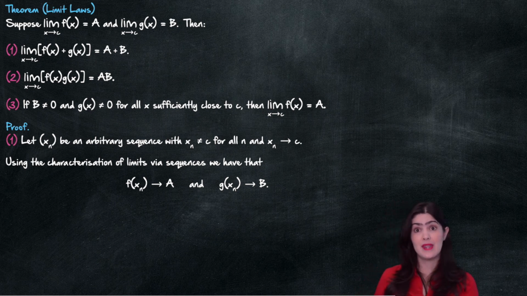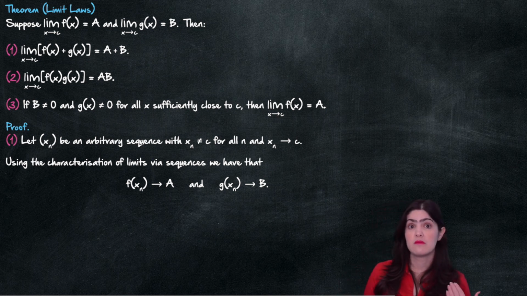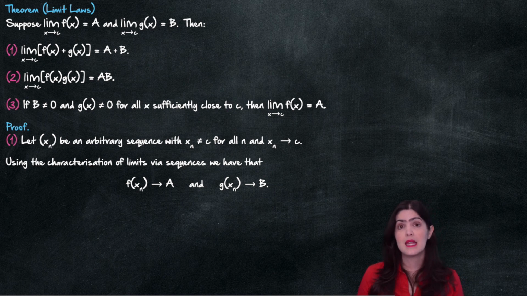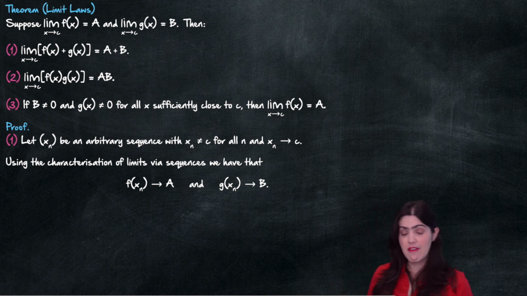Because remember, that is what that theorem told me, that if I know that the limit as x approaches c of f of x equals a, that implies that for any sequence that I pick that converges to c, f of xn converges to a in this case.